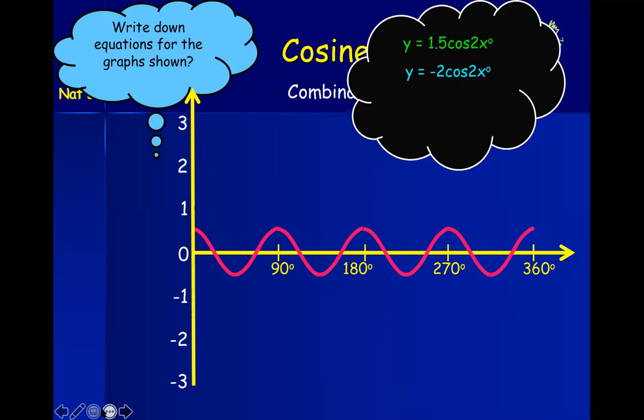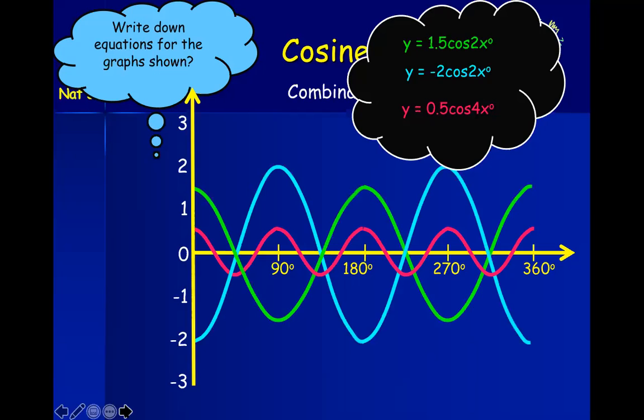So you could do it 0.5. Yeah, 0.5 for the amplitude. Was 1, So I've got 1, 2, 3, 4. You just look at how many times it repeats itself. So 0.5 cos 4x.